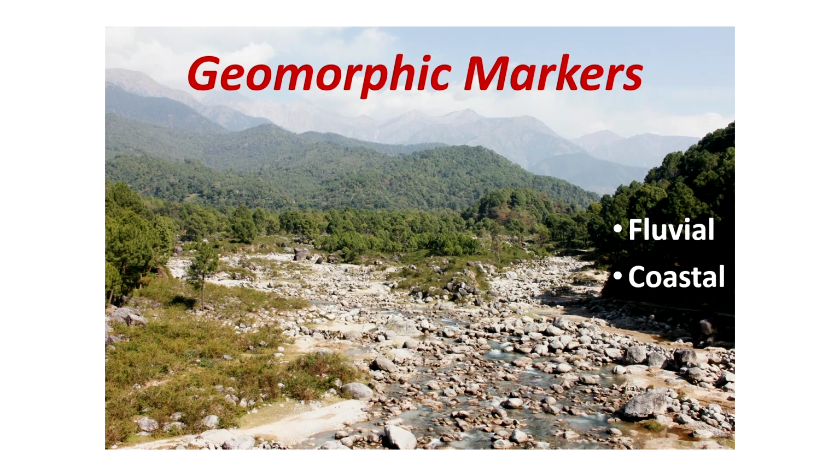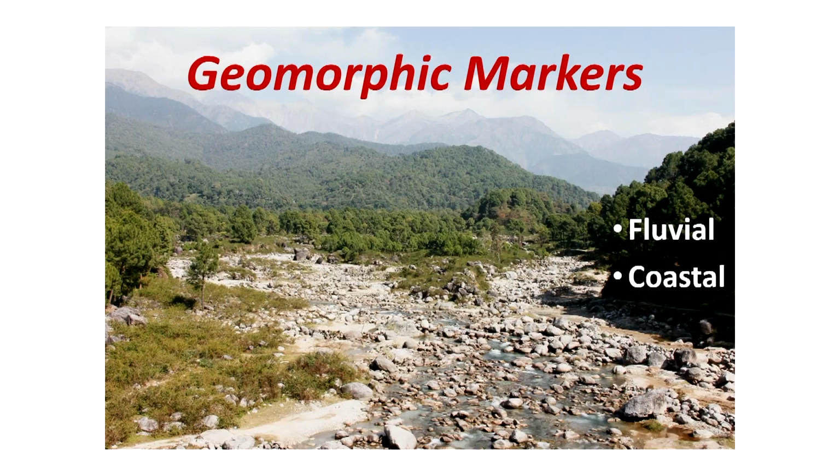Most of the studies which have been done looking for the geomorphic markers and signatures of paleo earthquakes are in the fluvial landscape and also the coastal landscape, where we see uplifted coastlines, and also we try to see the signatures in coastal stratigraphy, near shore coastal stratigraphy.